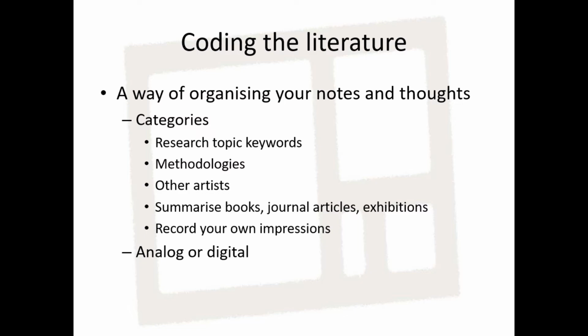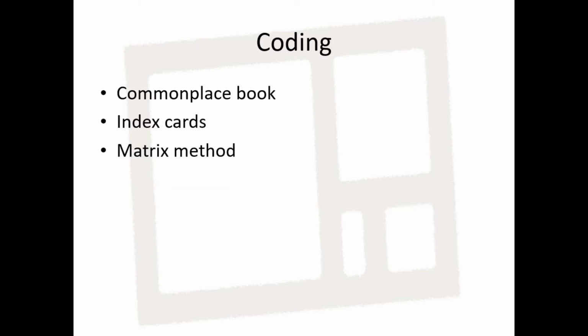It'll include your summary of the books, journal articles, and exhibitions, and it'll include your own impressions of all of that. So you'll want to set up your note-taking according to these codes. Now, you can do it in an analog manner or a digital manner. Analog would, of course, include a commonplace book, such as the journal that you keep, or index cards.